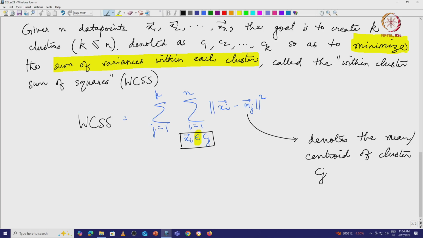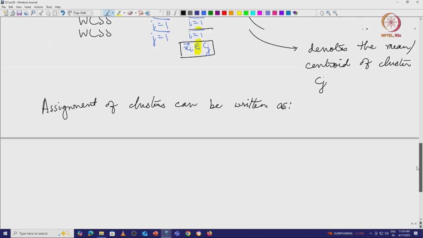Okay. So, the assignment of clusters can be written as a minimization of this within cluster sum of squares.